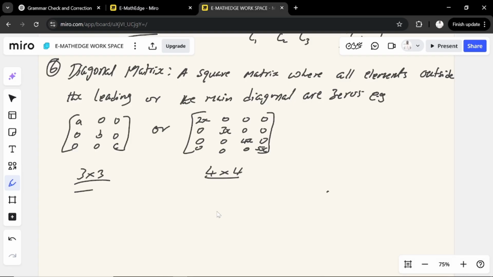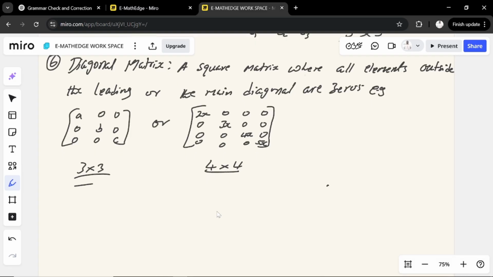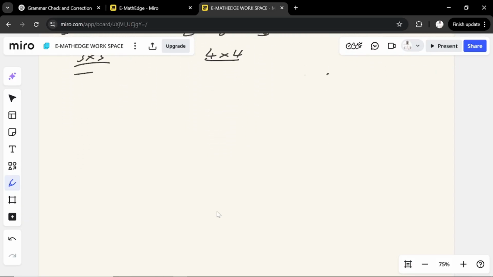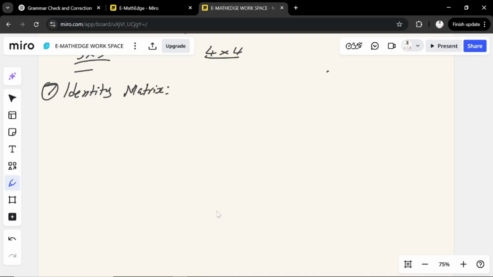So the next terminology we are going to be looking at is the identity matrix. Now, what is an identity matrix?